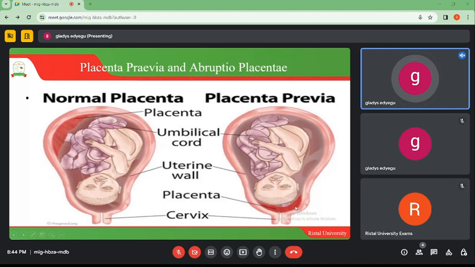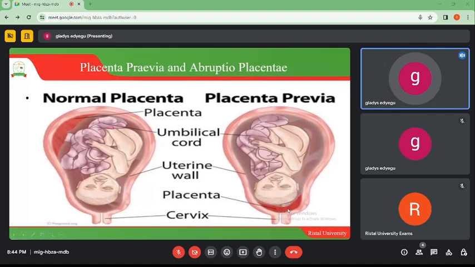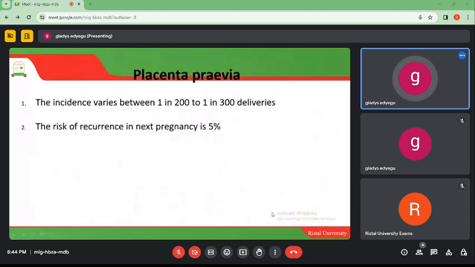So it is covering the cervix, and the baby's head is actually above it. Then you can see the baby is lying comfortably on top of the placenta. As it is covering the cervix, when it separates during labor, when there is dilatation of the cervix, it will cause bleeding, and here we shall call this placenta previa.